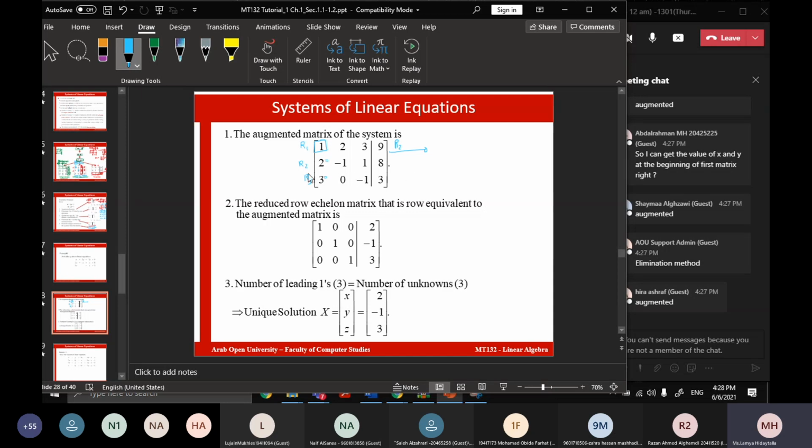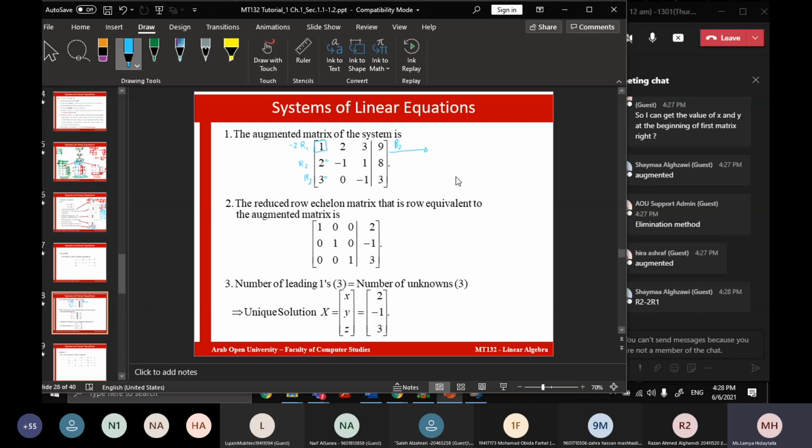What do I do so that this is equal to 0? Minus 2 R1, correct? Because 2 minus 2 will be 0, so minus twice R1. R1 I will write as it is, correct? So 1, 2, 3, and this is the 9.